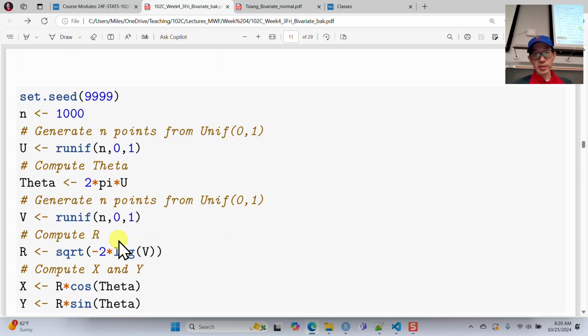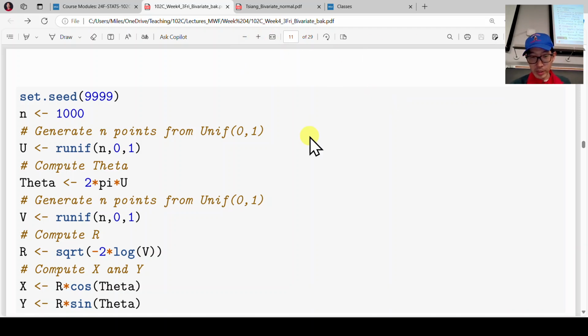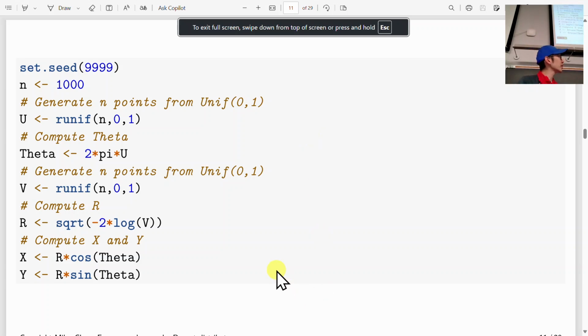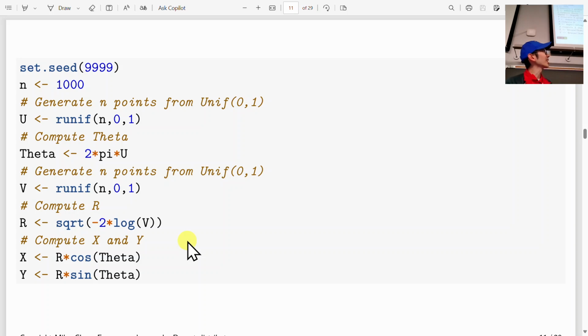random normal values. It turns out that we don't use this method today because the computations involved with taking the log and these trig functions, cosine and sine, take the computer several cycles to calculate these values.